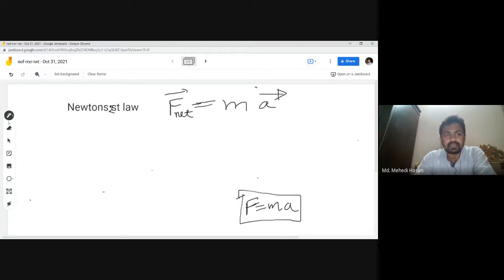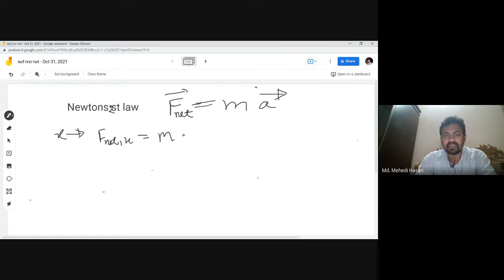Since this is a vector equation, it has three components if we consider three dimensions. In one dimension it is F equals ma, in two dimensions there will be two components, and in three dimensions three components. If you take x, the net force along the x-axis is equal to m ax.